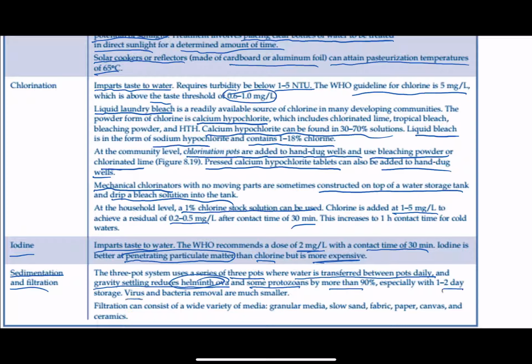Of course, viruses and bacteria removal is much smaller because the size and density are much smaller. Filtration can consist of a wide variety of media: granular media, slow sand filter, fabric, paper, canvas, and ceramic, and can also be good to remove the pathogens.